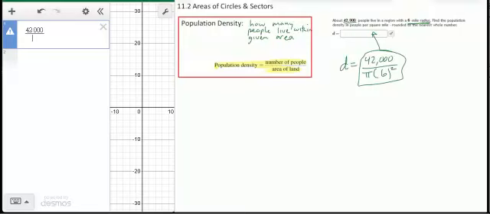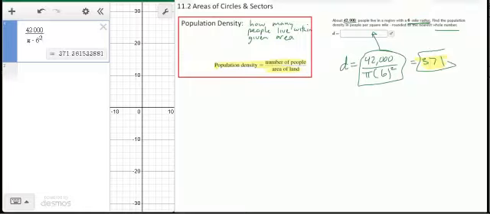And if you do the calculation, you would get 371. It does ask you to round to the nearest whole number since you can't have fractions of people. So this one would round to 371. Okay, so again, you'll just cut it off using normal rounding rules.